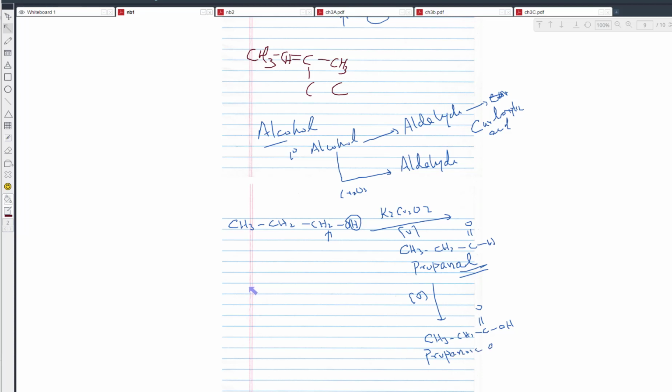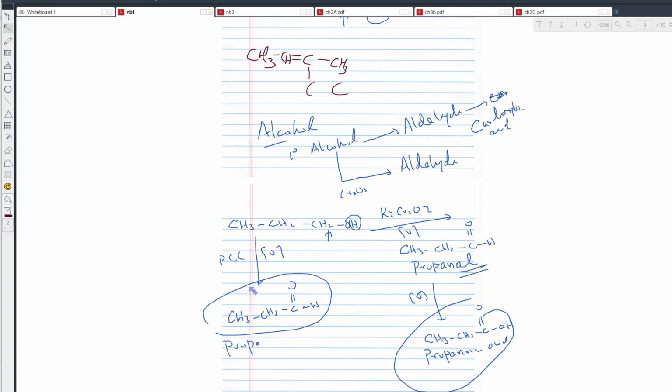This is your final product. But if I use another oxidation method, commonly called PCC, in that case, it is going to stop at the aldehyde and you will get propanal. It's not going to further oxidize. So you will get either this compound, propanal, or you will get propanoic acid.